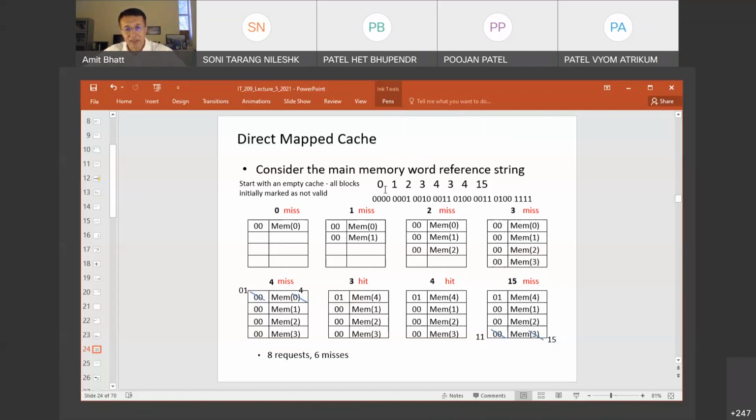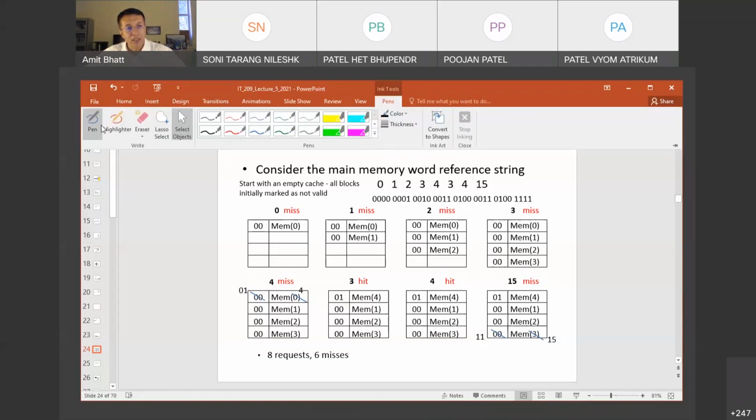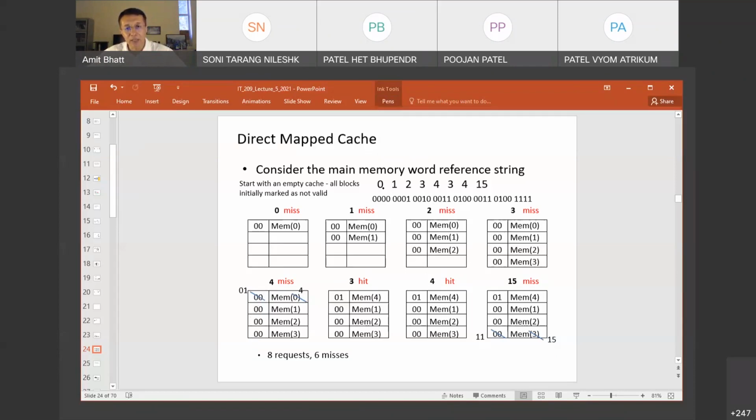Let us, to avoid confusing ourselves, if not all of you then at least me, keep this straight: 3 sat here with index as 11 and tag as 00. This memory 3 is here.